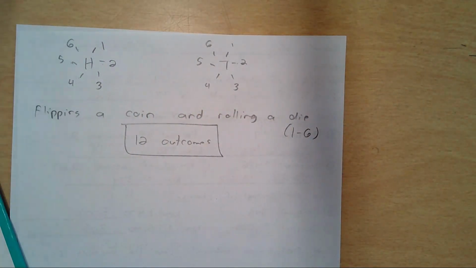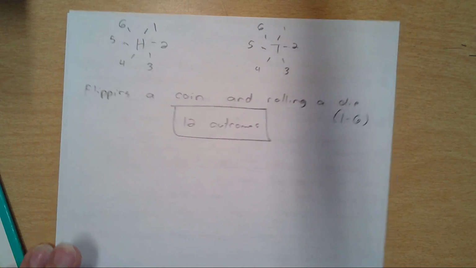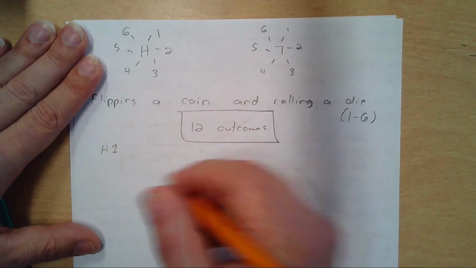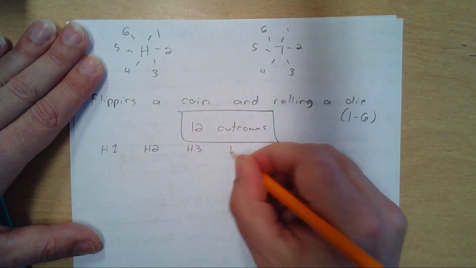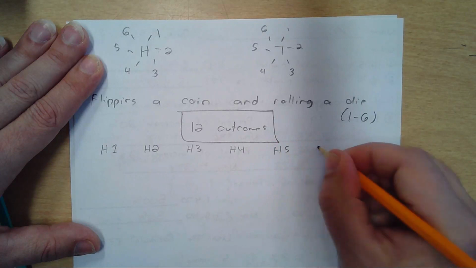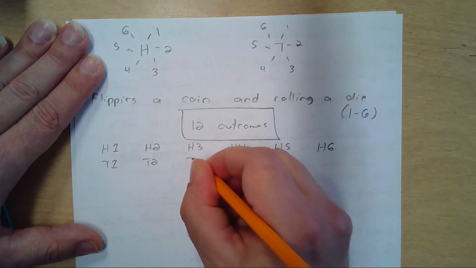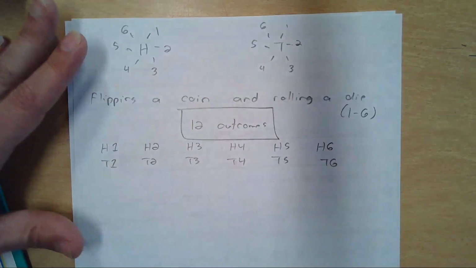Now, if I represented this same information as a list or a table, which again, represents the same thing, you can do it one or the other, I could get the heads in the 1, the heads in the 2, the heads in the 3, the heads in the 4, the heads in the 5, the heads in the 6, the tails in the 1, the tails in the 2, tails 3, tails 4, tails 5, tails 6.